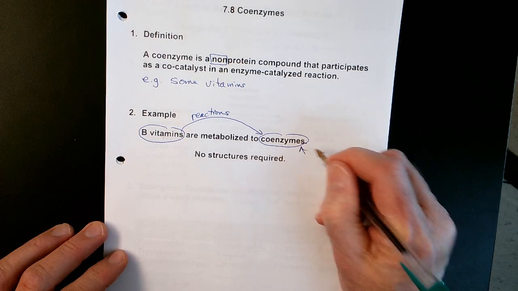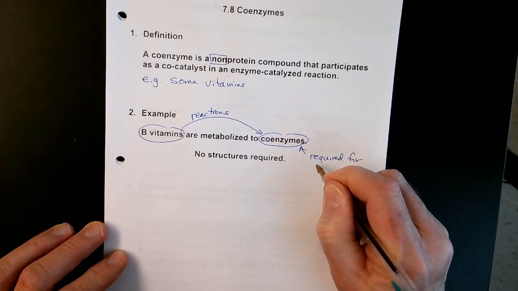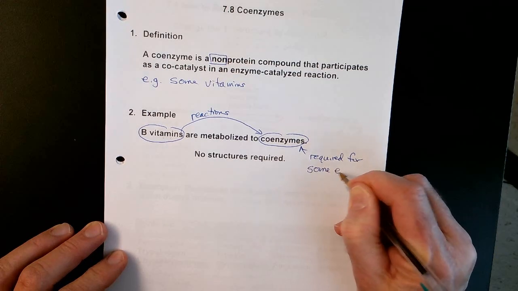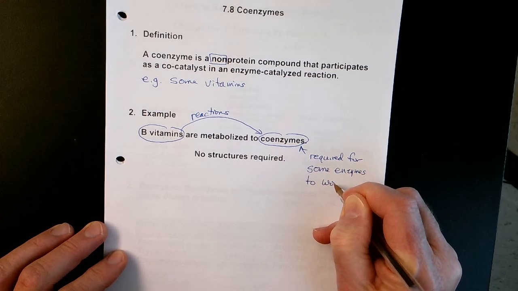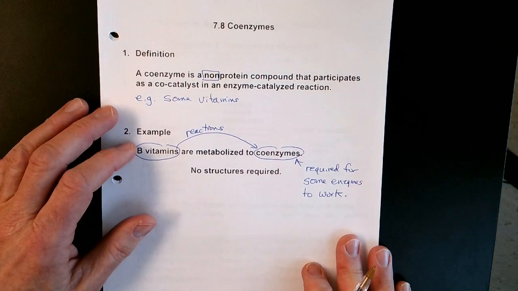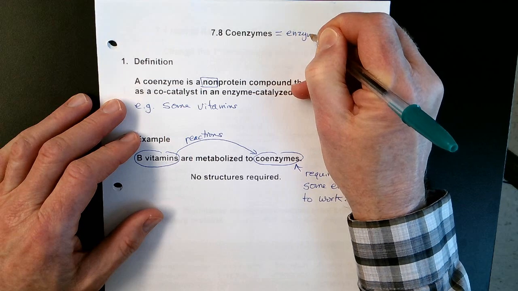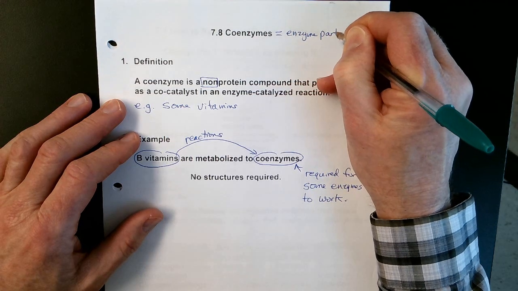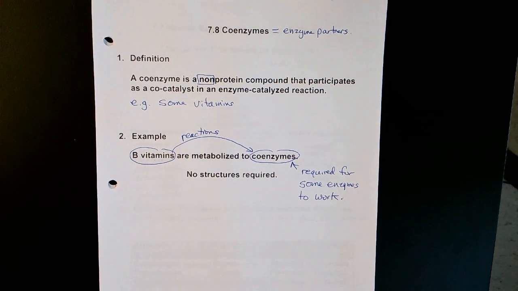These things right here are absolutely required for some enzymes to work. You won't be far wrong if you think about them as enzyme partners. But definitely not enzymes themselves, not even proteins themselves. They're usually littler molecules, fit some little groove or some binding site.